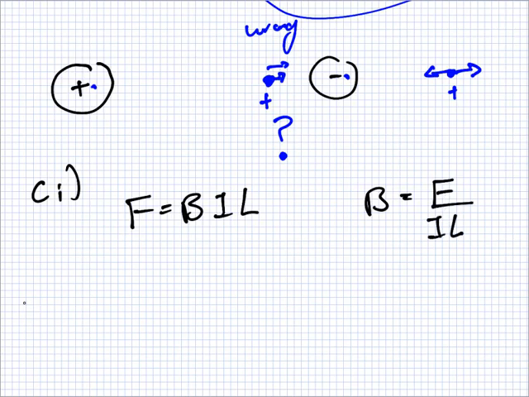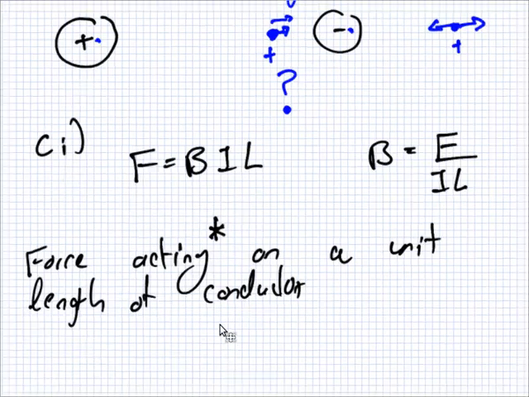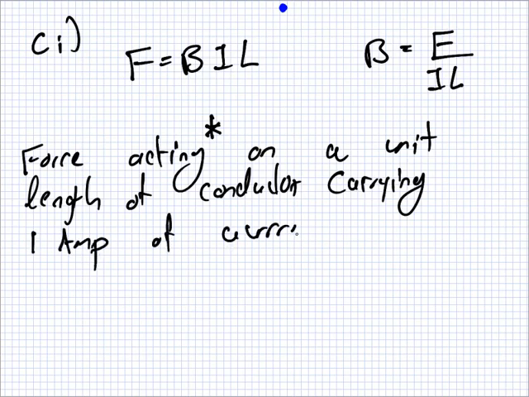So you could say it's the force acting on a unit length of conductor. Oh, sorry, there's a little star here I forgot to write in. The force acting on a unit length of conductor carrying 1 amp of current, and the star which I left out, force acting due to a magnetic field.